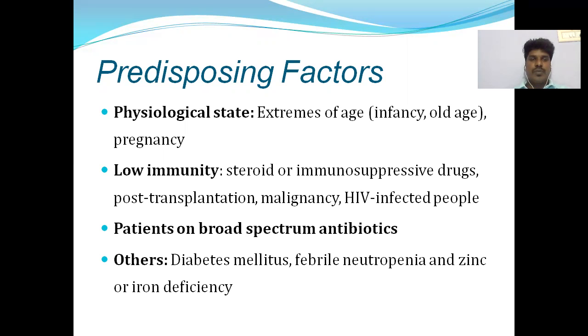Pregnant women are also predisposed to candidal infections, as are those with low immunity, such as persons taking steroids or immunosuppressive drugs, post-transplantation, malignancy, and HIV infected people, and also patients on broad spectrum antibiotics. Then other comorbid conditions such as diabetes mellitus, febrile neutropenia, and zinc and or iron deficiency individuals.